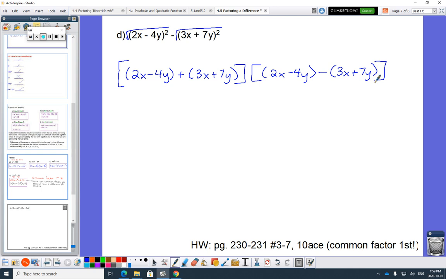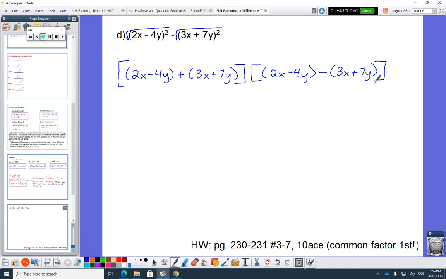So this is the first term. I just square rooted it. So here and here. And then you add the second term and subtract the second term. It is weird, okay? Like I said, I don't really think this is in this textbook.